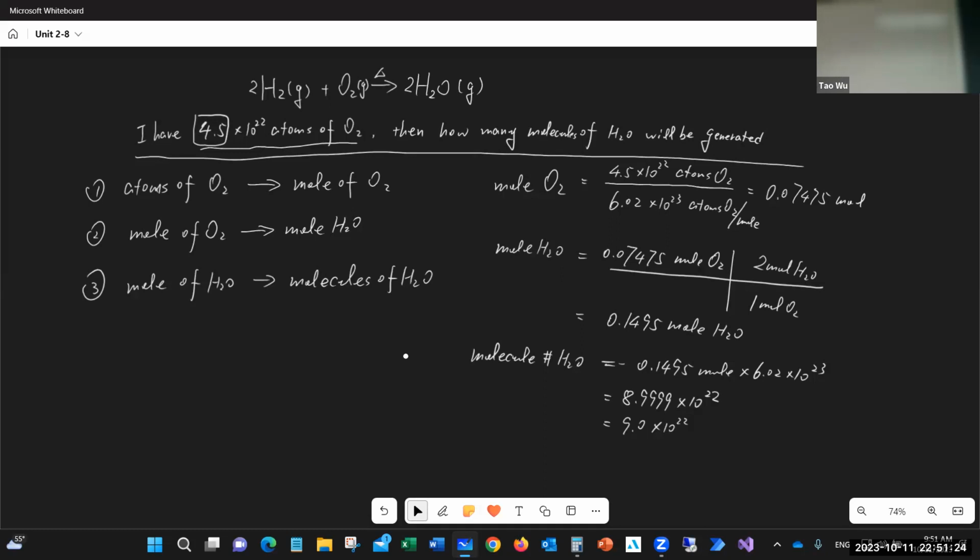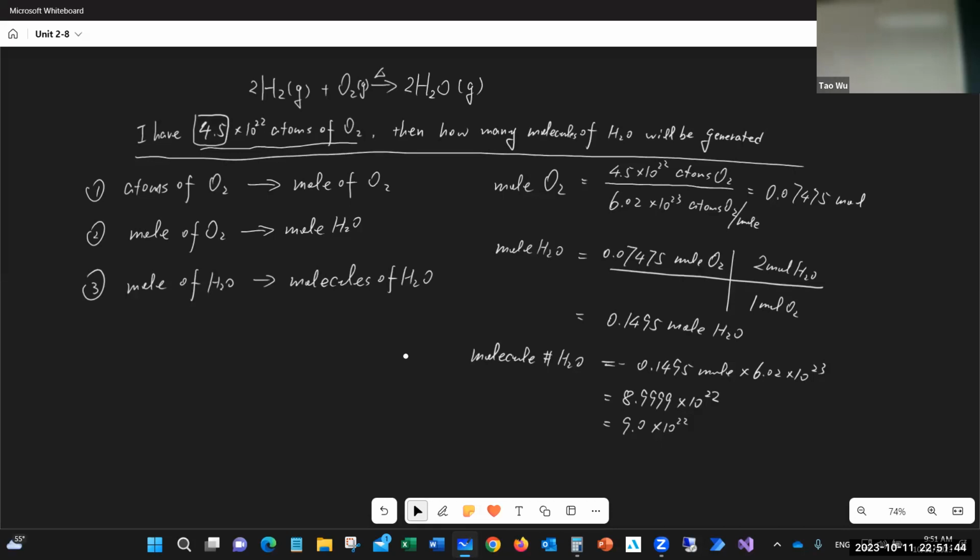So that means I assume the hydrogen is unlimited. But in the limiting reagent question, they talk about both X and Y. They give you the numbers for both reactants. That is the difference.